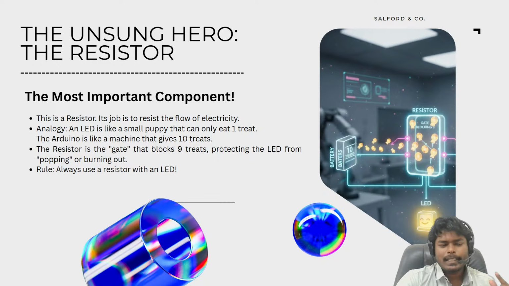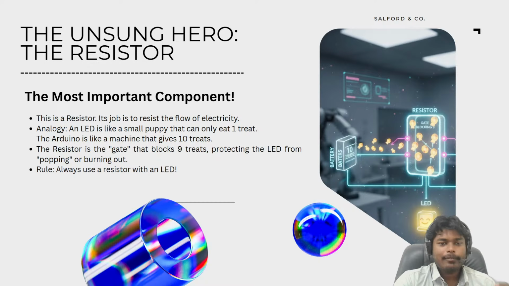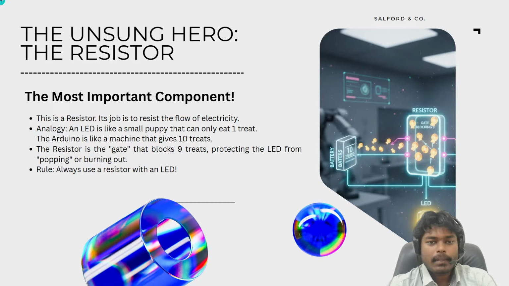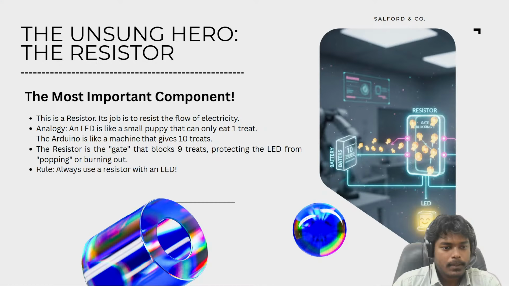Now, one point which we missed in our last session is about the resistor. We learned how to interface an LED with Arduino, but we missed one thing, that is resistance. Why is resistance important? Let me show you.